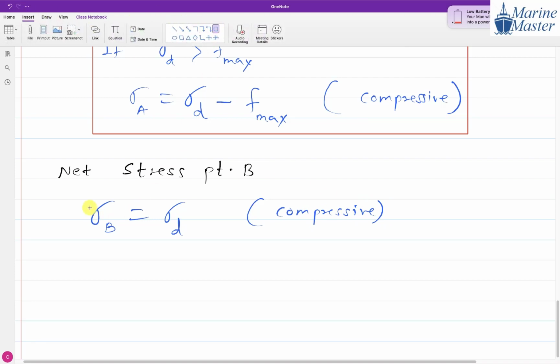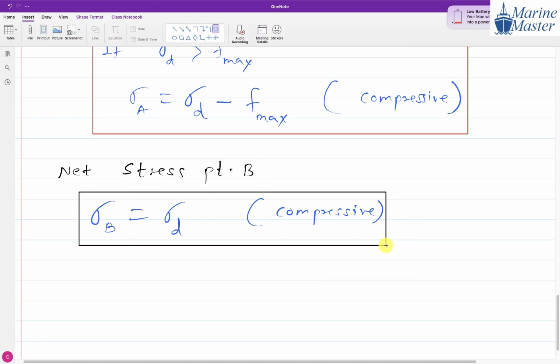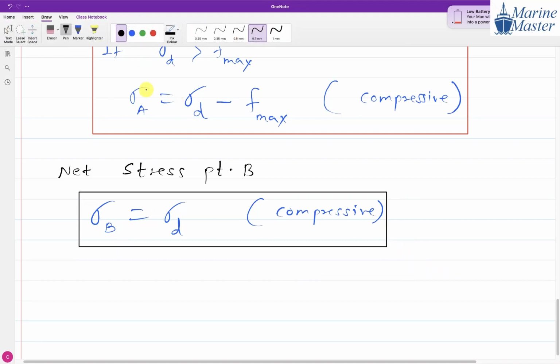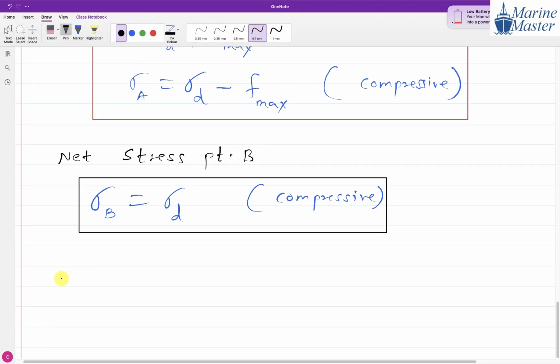So this is the net stress at point B. One minute, guys, at point B I have not written it yet. Next, net stress at point C.